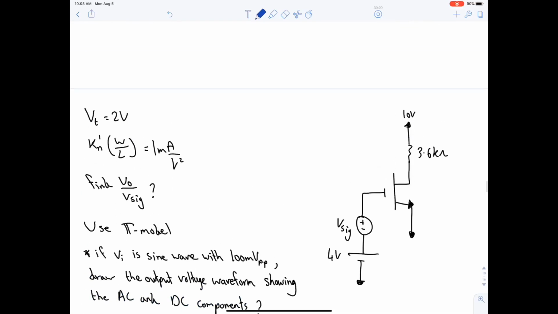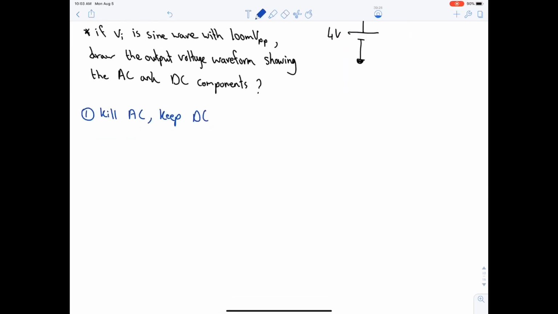Okay, the only thing that we have to kill is this, so it will be 10, 3.6 kilo ohm, .4 volt, and that's it.